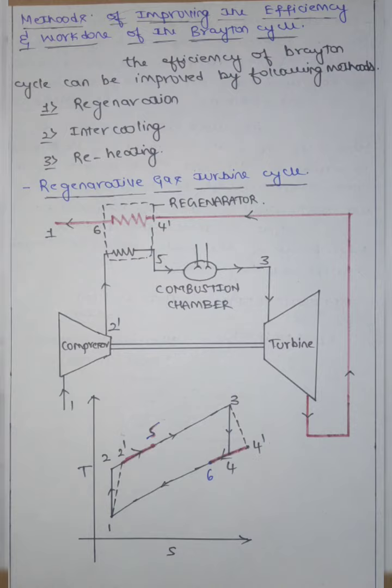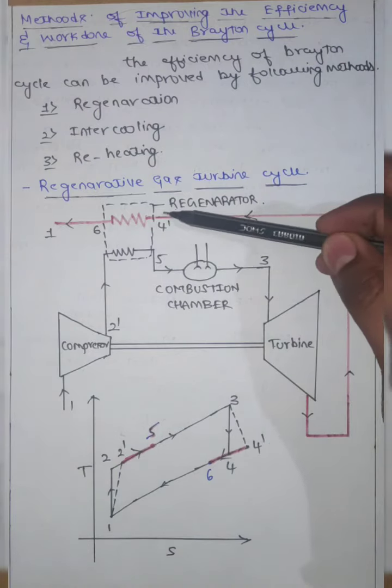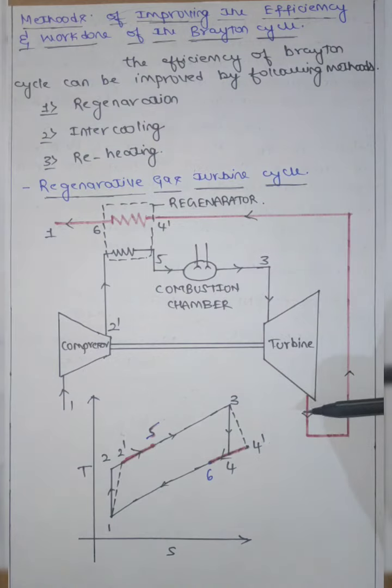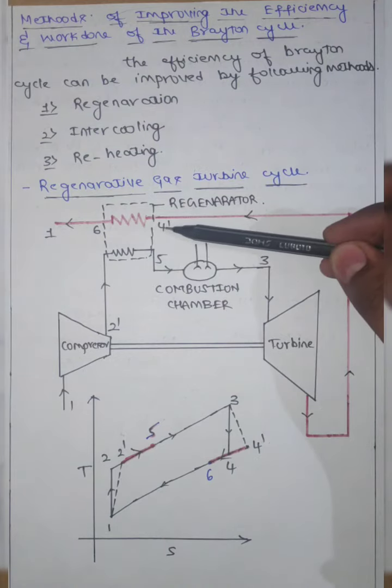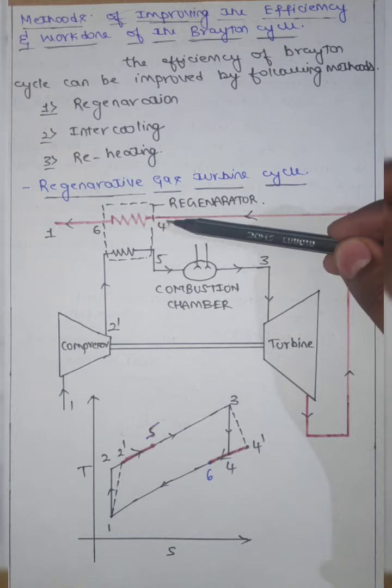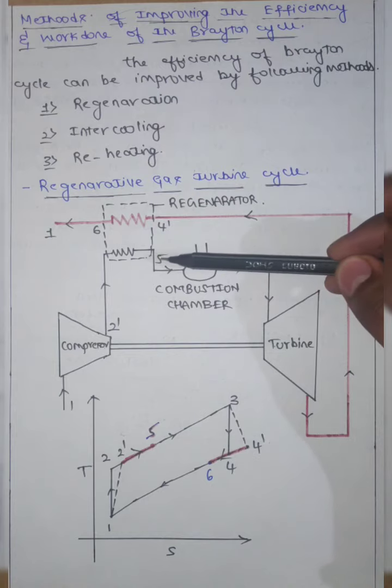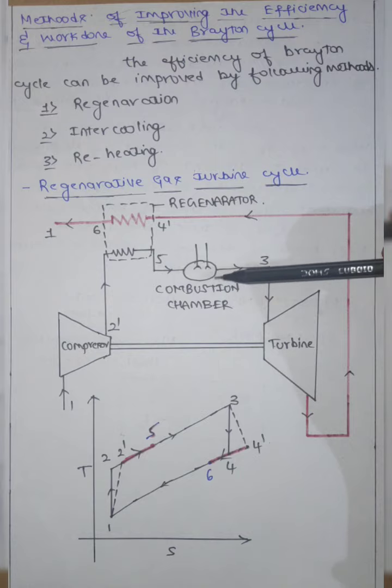Now what you are doing is, whatever heat is remaining at the outlet of the turbine is used back in the cycle. How? Now this heat is taken back here. Now the heat is available at the 4 dash, correct? So this is 4 dash. This particular heat is being transferred to the incoming gas to the combustion chamber.